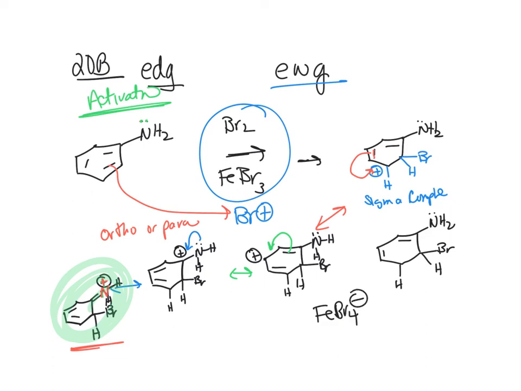You could show how this will abstract this hydrogen to do rearomatization. And then that gives you your product. And so you got bromine, and you didn't have to show all of them. You could just show an ortho or para. I don't want both ortho and para on the same molecule.